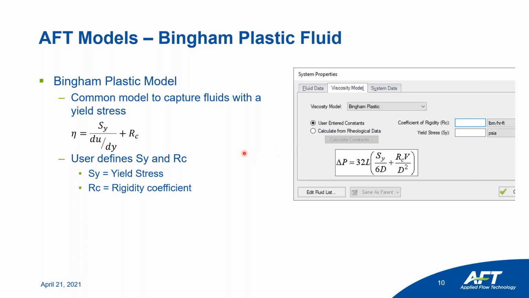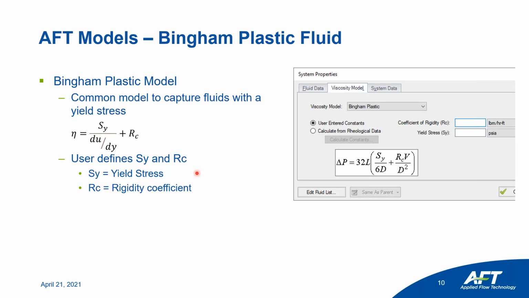And then we'll take those parameters and again use a corrected Reynolds number to find that friction factor. I'll point out here that depending on the source of your data or the literature you're reading about the Bingham plastic model, this yield stress and the rigidity coefficient may be written out as different parameters.